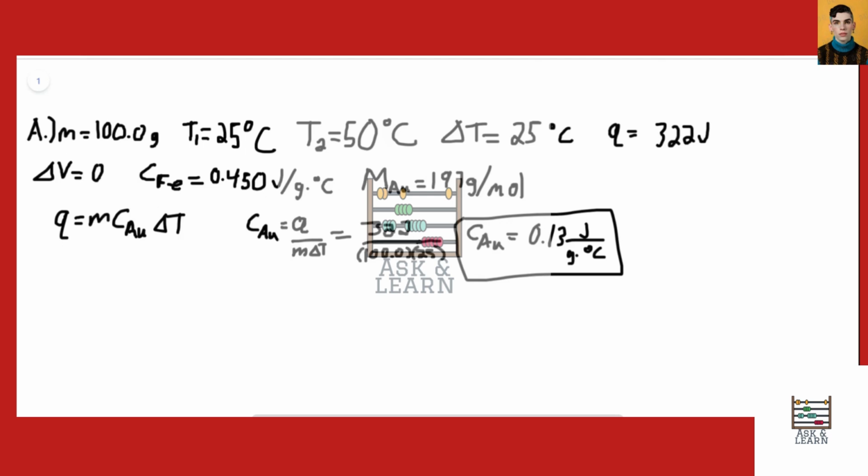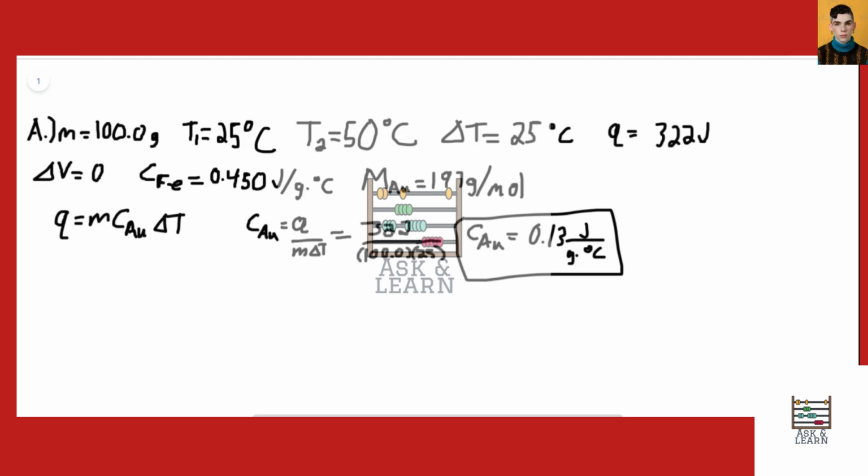Since gold has a lower specific heat than iron, it takes less energy to heat the block up to a specific temperature. So that means your gold is going to end up at a higher temperature than your iron because it has the lower specific heat value. So in this case, gold is going to be your answer.